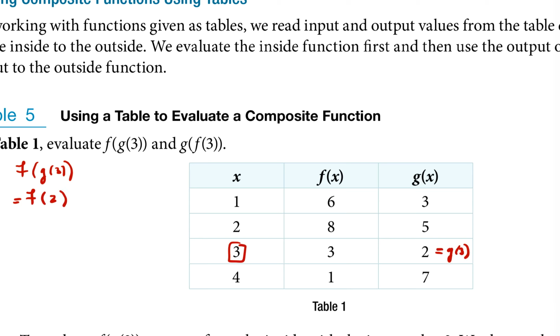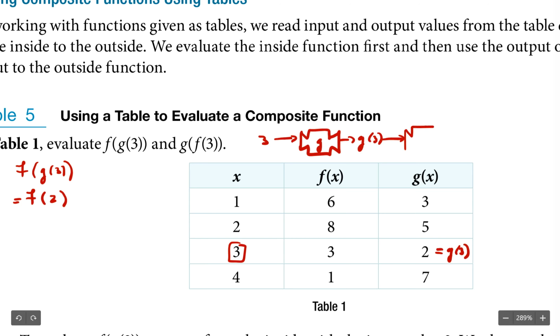So in other words, you remember this little diagram. We send 3 into g. What comes out of it is g of 3, and then we send g of 3 into f, and what's going to come out of it is f of g of 3.